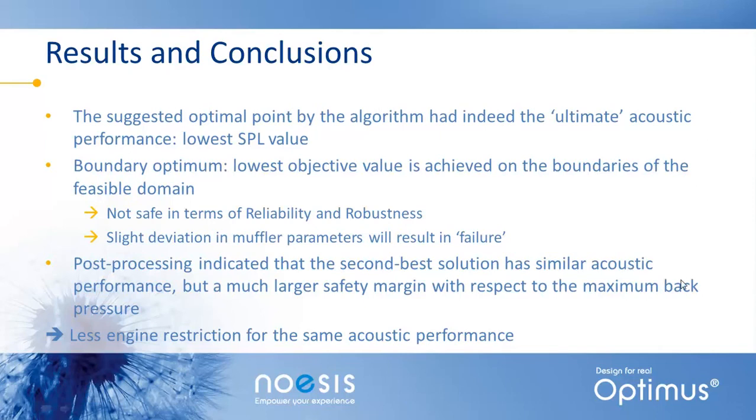By looking at these post-processing plots, we have found that our second best solution had a similar acoustic performance, but a larger safety margin with respect to the back pressure. So there is less engine restriction for the same acoustic performance.